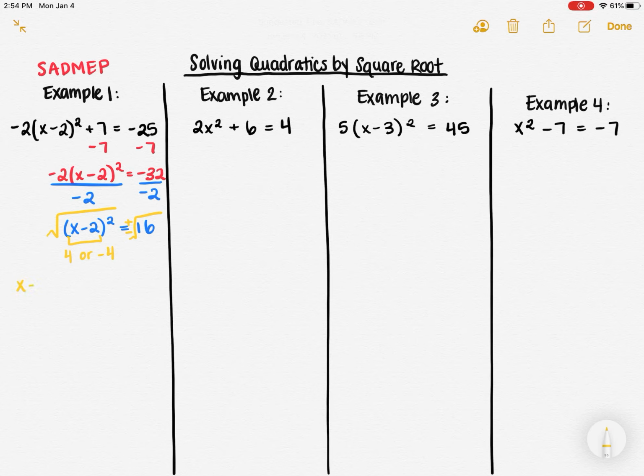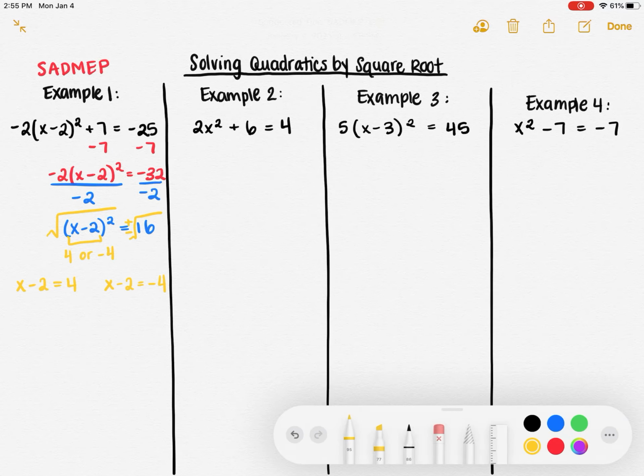So this is going to give me 2 equations. It's going to give me x minus 2 equals +4. Remember, we took the square root on the left, which means the squared part is gone, so we're just left with x minus 2. And x minus 2 is also equal to -4. These are both possible solutions that we have to find. Now my last step is just to get rid of whatever's left inside the parentheses, which was -2.